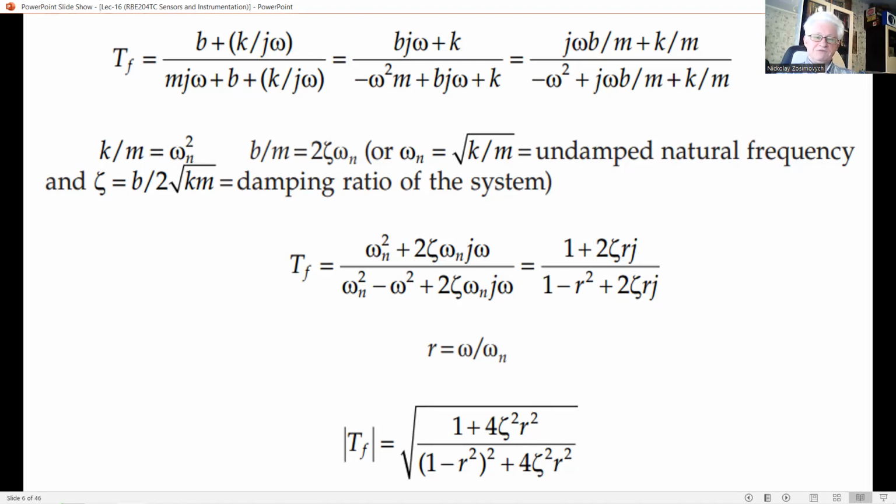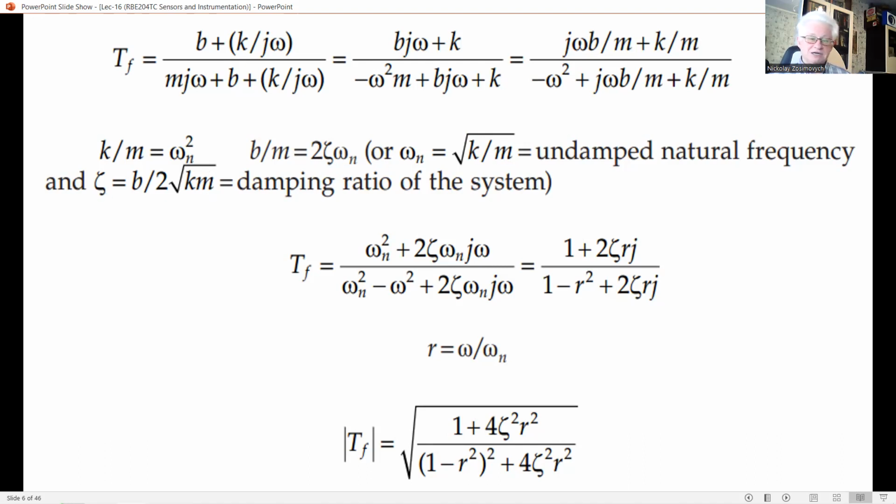Now, use the fact that K over M is equal to omega n squared and B over M equals 2 theta omega n, where omega n is the undamped natural frequency of the system, simply the square root of K over M, and theta is the damping ratio.